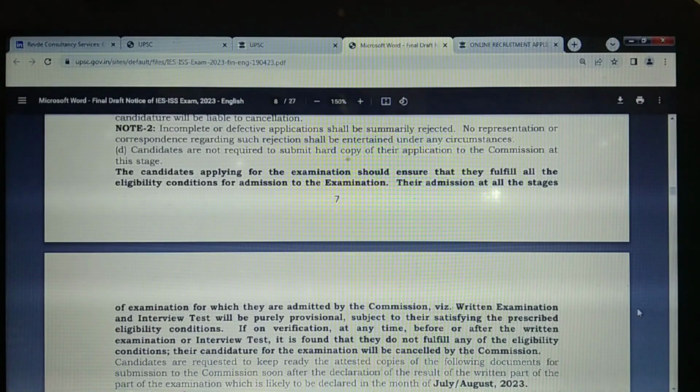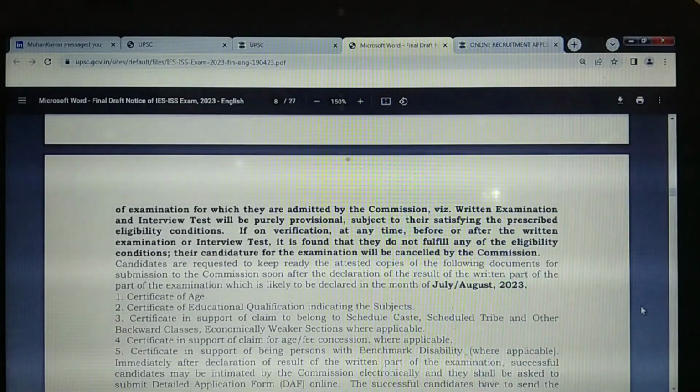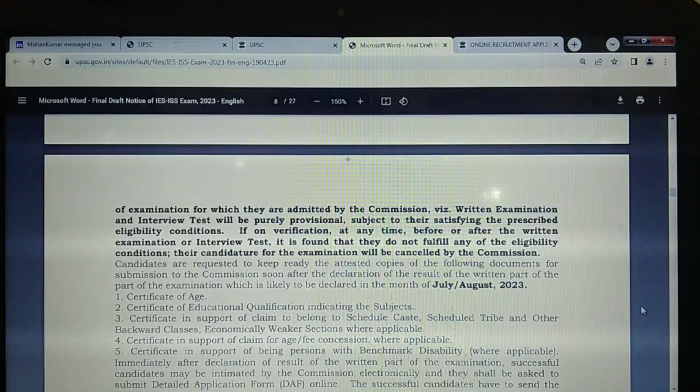If on verification at any time before or after the written examination or interview test, it is found that they do not fulfill any of the eligibility conditions, their candidature for the examination will be cancelled by the commission. If they have not fulfilled the terms and conditions and eligibility criteria, their candidature will be cancelled as per the notification.